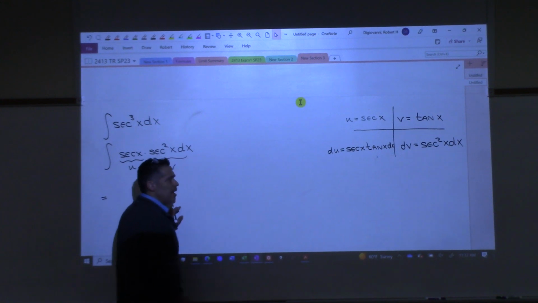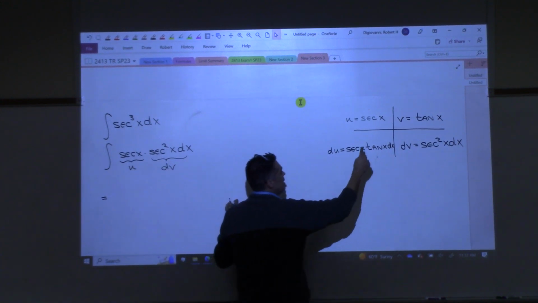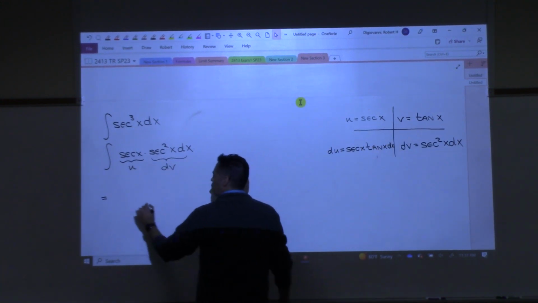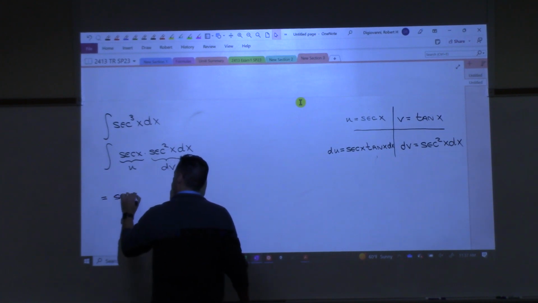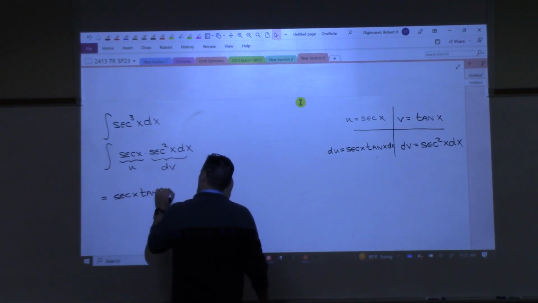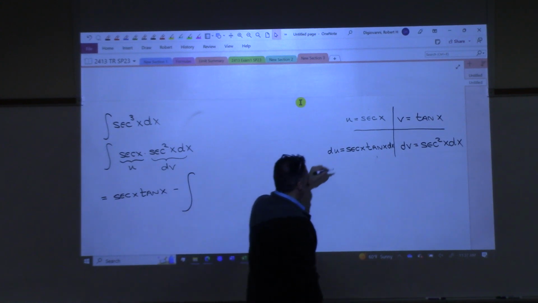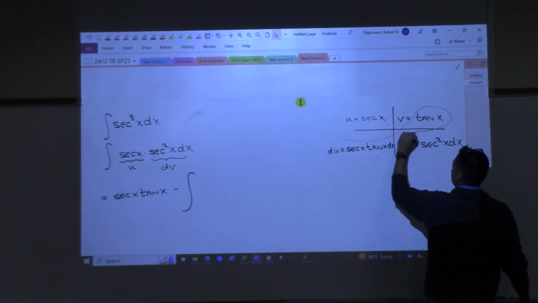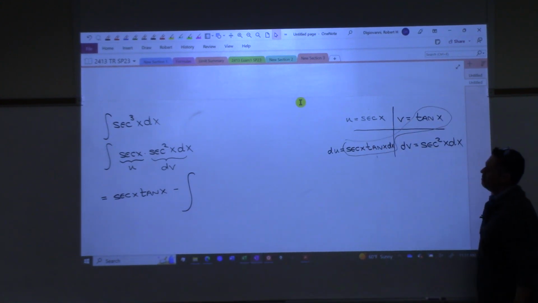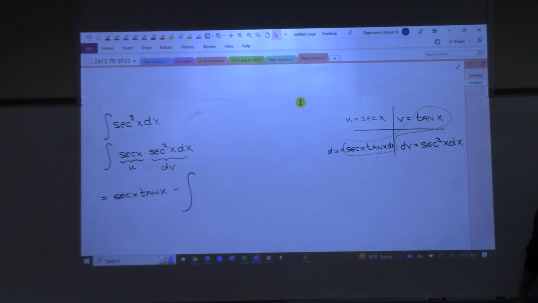Equals uv minus the integral of v du. So uv, are these two multiplied together? So secant x tangent x minus the integral. Now v du, this is not looking too nice, is it? Those together don't look very good. But let's put them together.